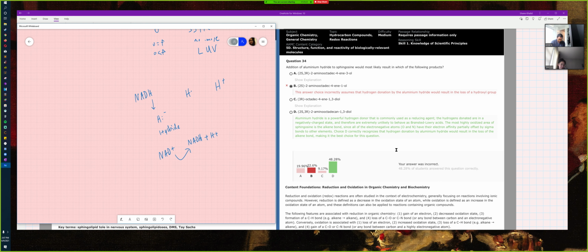So oxidizing agents: KMnO4, NAD plus, FAD, stuff like that. Reducing agents: things like NADH, lithium aluminum hydride, LiAlH4, and sodium borohydride, NaBH4, stuff like that.